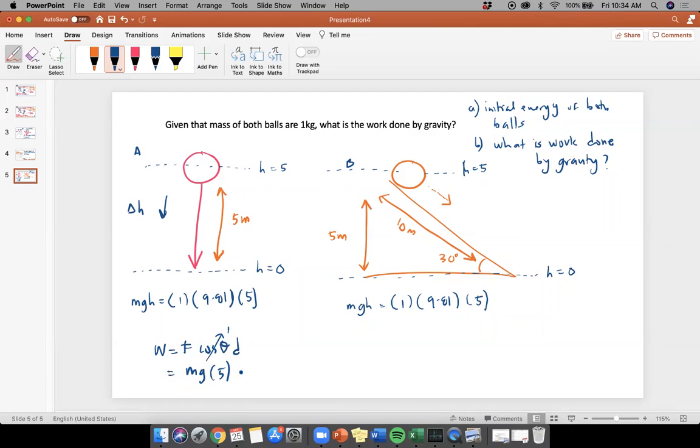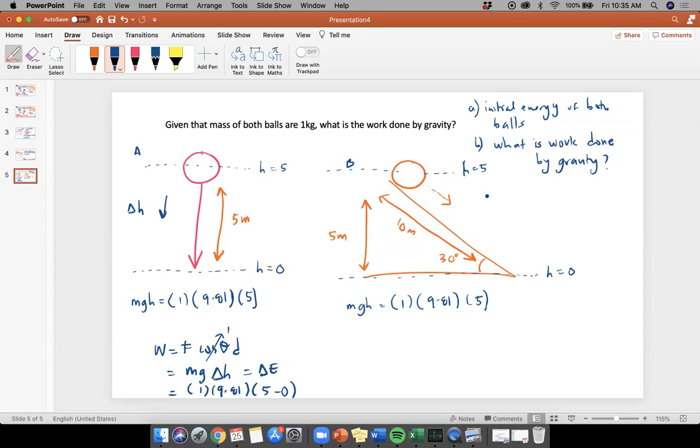That is the work done. Work done is always change in energy, right? Then we get 5. Mass is 1, g is 9.8, and h is 5 minus 0, which is also mgh. So that is the work done by gravity.